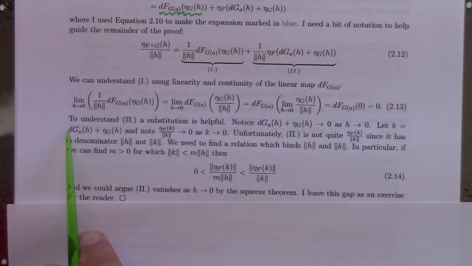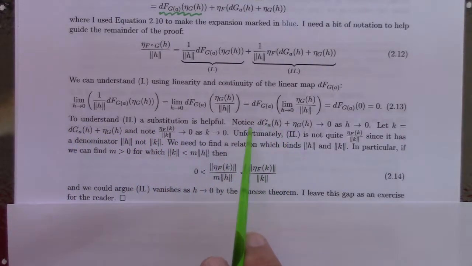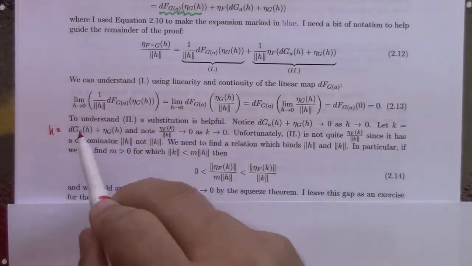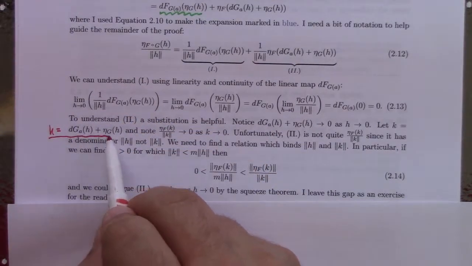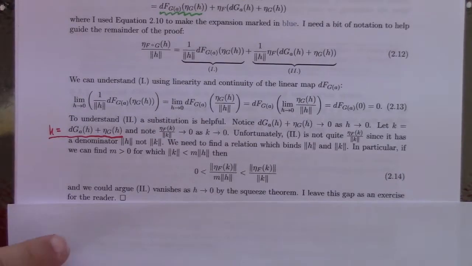So, thinking of k as this, if h goes to 0, it's clear that k goes to 0. And then eta f of k divided by norm k goes to 0 by the given differentiability at g of a.